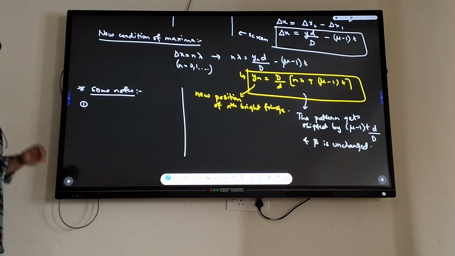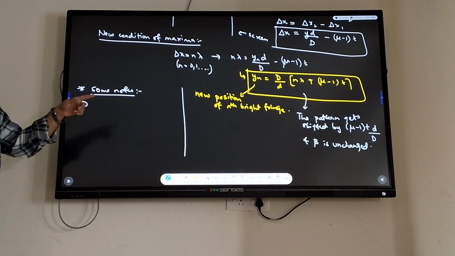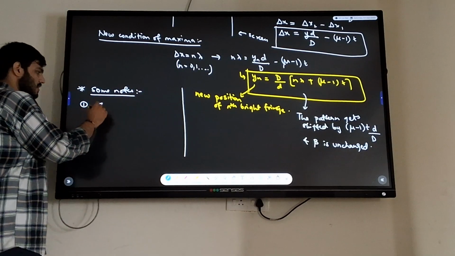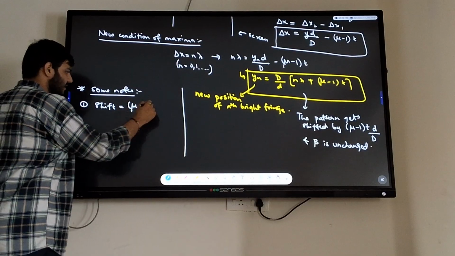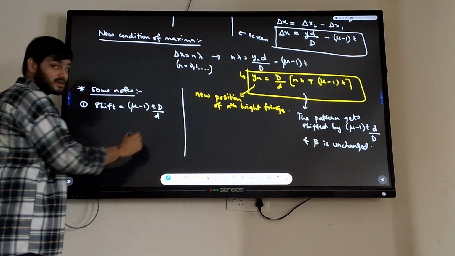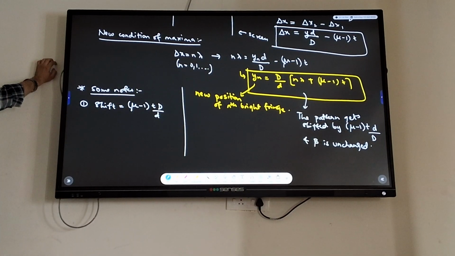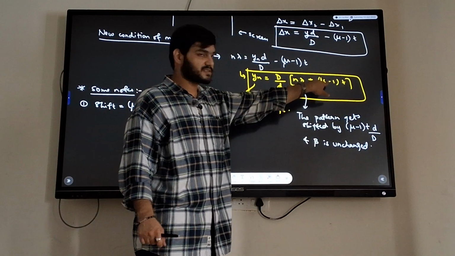The first thing that we can find from here is that the shift that we are finding, what is the shift value? That's equal to (mu minus 1) into t capital D by small d, no? You multiply this capital D by d in this.